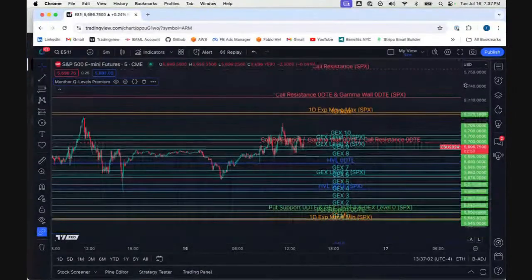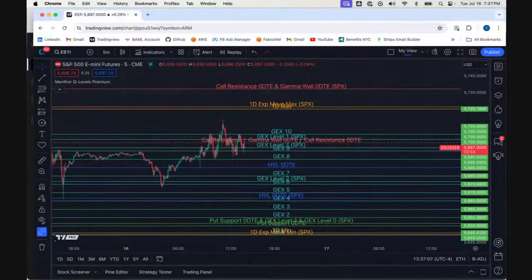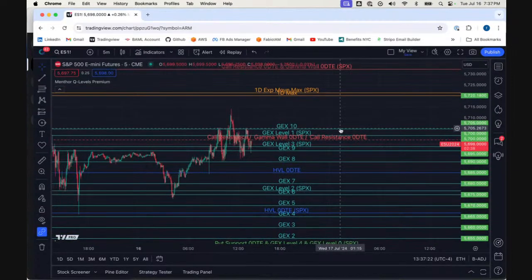And so with that conversion, you can see where the SPX levels are on an E-mini chart. So you don't have to make the conversion in your head and say, okay, it's approximately 50-point difference, whatever it is, and you don't have to play that mental game. You see where the levels are.